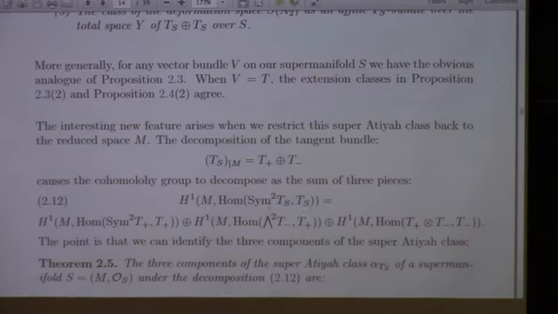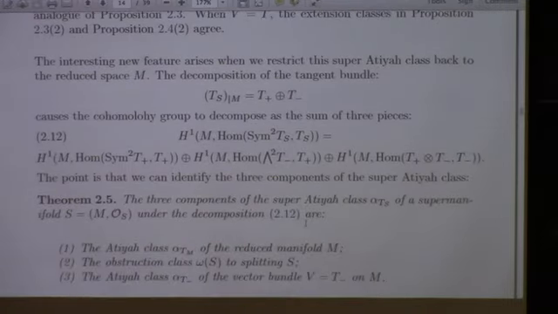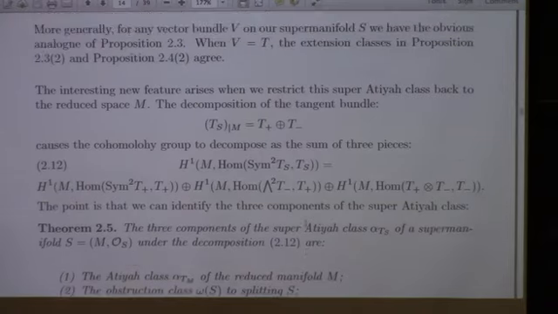This is the super-Atiyah class with the super-tangent bundle of the supermanifold S. And you just show that this cohomology breaks into three pieces. One is H1 of Hom from Sym^2 T+ to T+, and then the thing involving T- to T-, and then a mixed term.